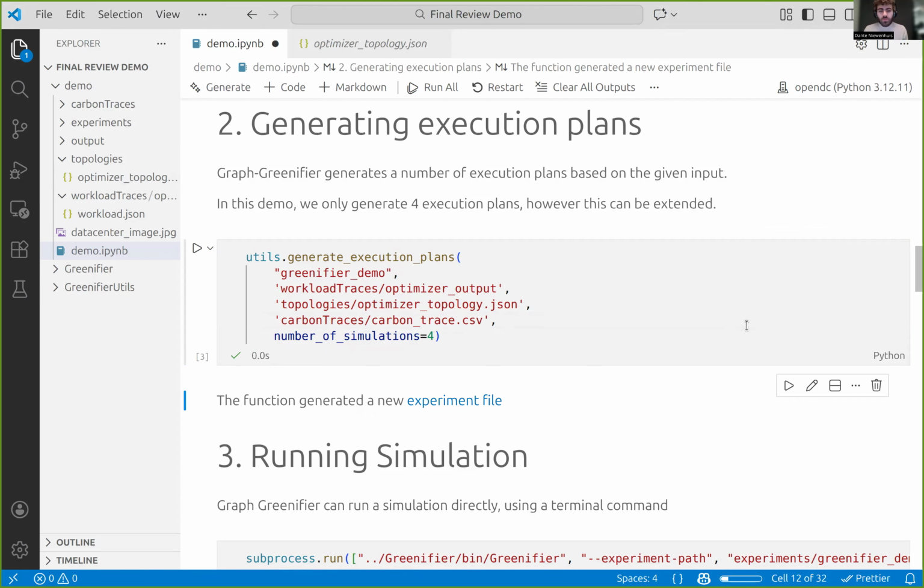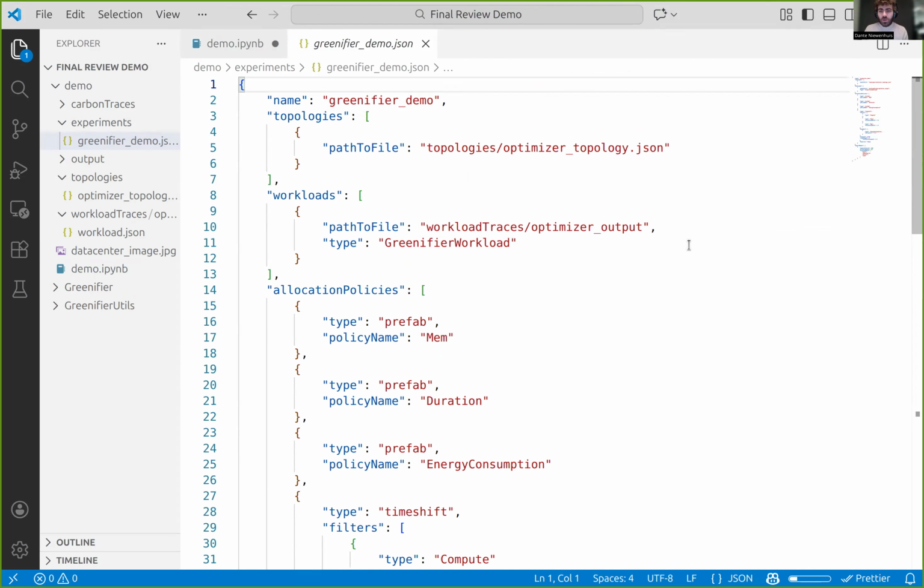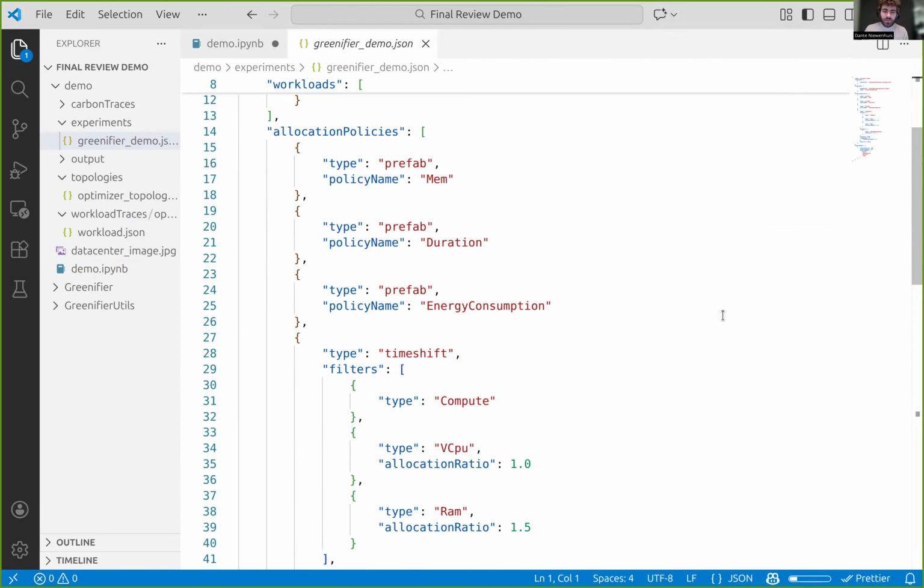In this case, we want to simulate 4 to keep it within the time of the demo. This creates an experiment file where we can see again in JSON which workload needs to be executed, which topology, and in this case we see 4 different allocation policies. These policies decide when and where specific tasks are going to be executed and will thus cause different ways of executing this same workload.